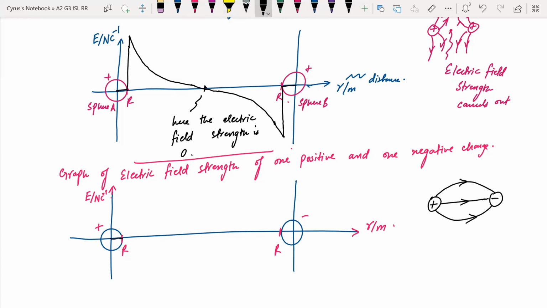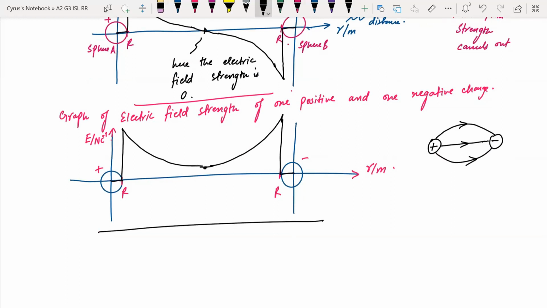Till R we have zero electric field strength. This is going to be here, and since it's not cancelling out, and it's a vector, it's going to come here like this. This is going to be like this. Since there are charges of equal magnitude, the minimum point is at the center. If one charge were bigger, the minimum point would be further along. If the positive charge were bigger, the minimum point would be further along.